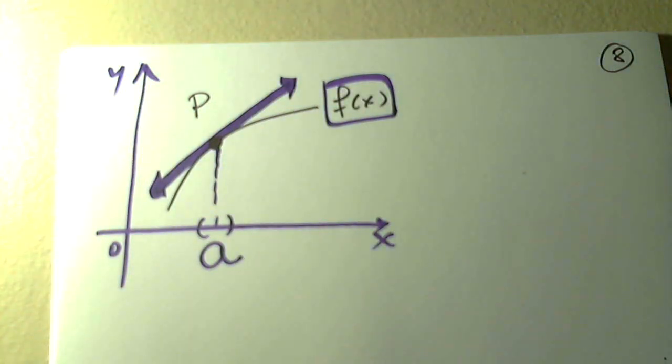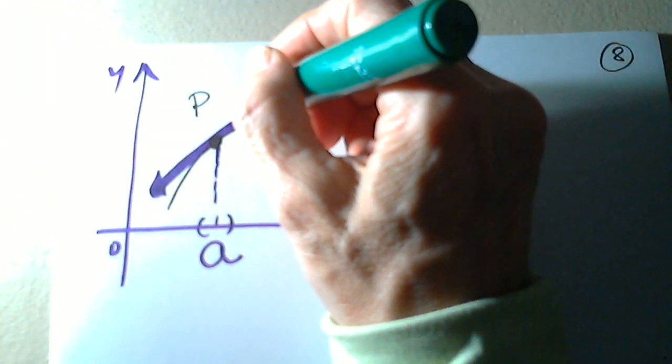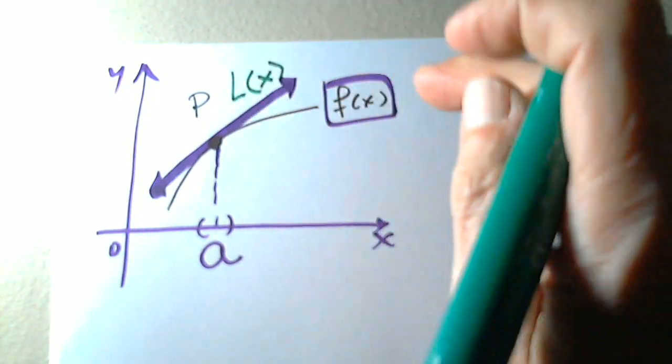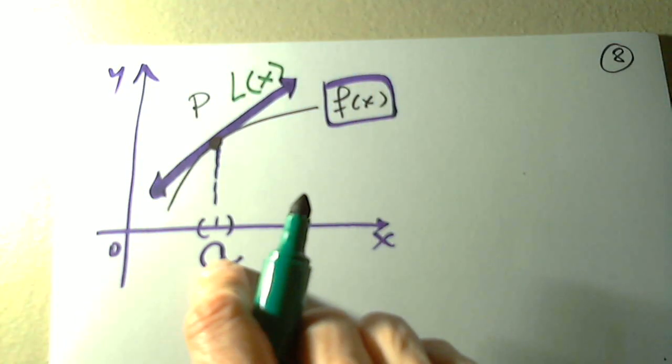If you remember, we've done this semester so many times. Find the equation of the tangent line, find the equation of the tangent line, find the equation of the tangent line. And here's the reason why. This line is called the linear approximation of the function near A, not here.